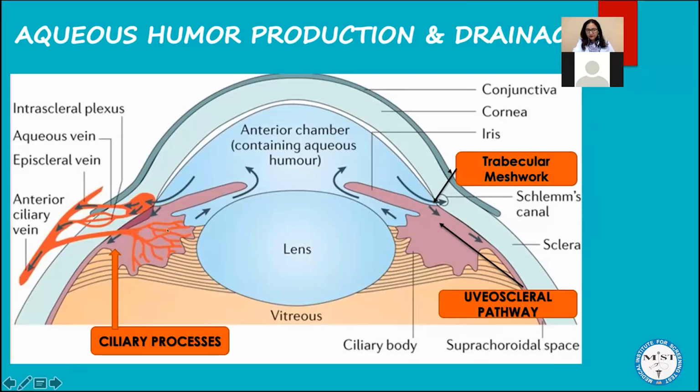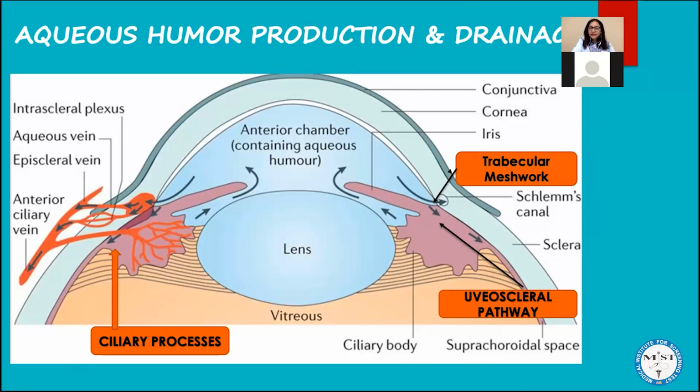This fluid is produced in the posterior chamber, then it flows through an opening which is your pupil, comes into the anterior chamber, and fills the anterior chamber. Aqueous humor is being continuously produced, at a rate of about 2.5 microliter per minute, so it has to be drained outside also.